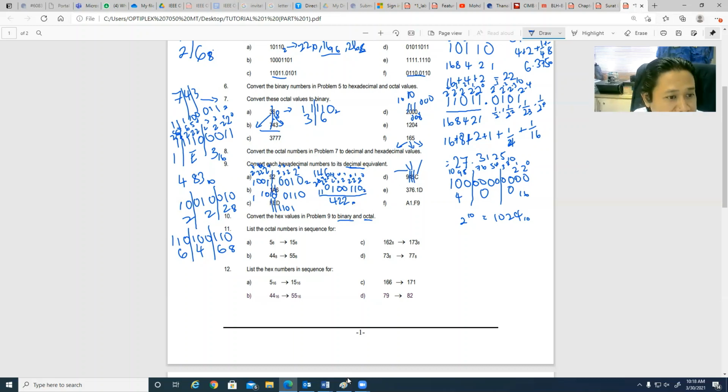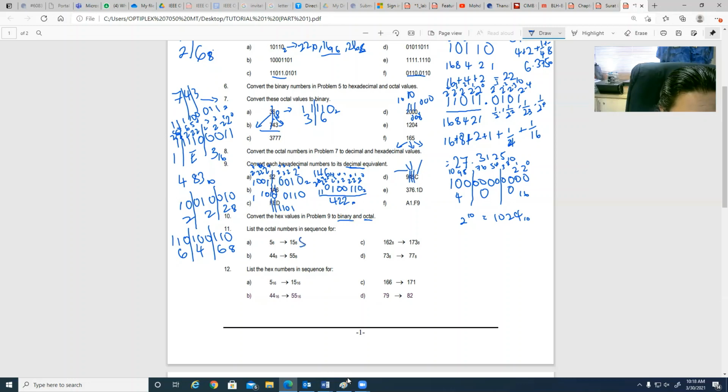And then we go for question 11. List the octal numbers in sequence, from 5 in octal until 15 in octal. So you can just show some example here.